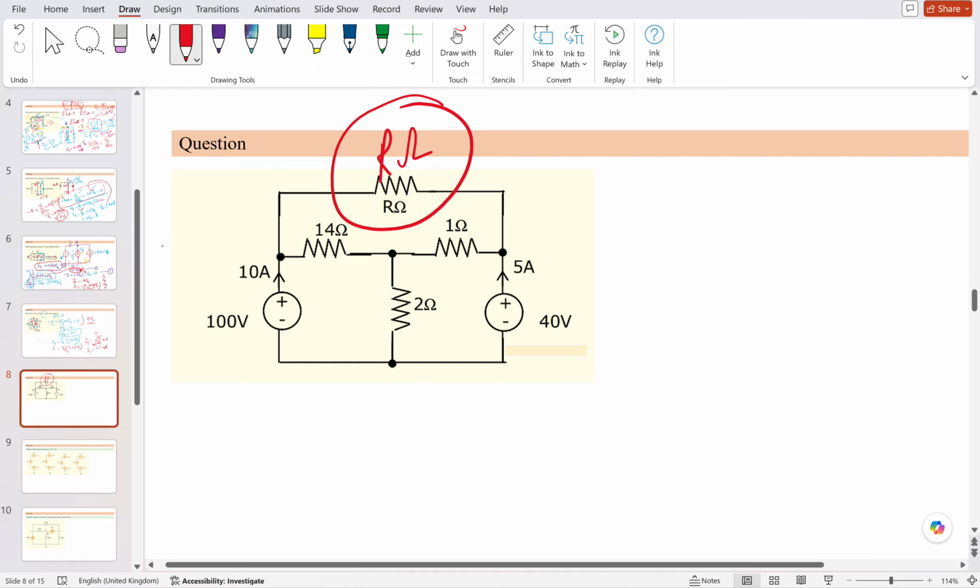Okay, let me give the solution for this. 12 ohm, okay. Let me solve this. Listen here, everyone.